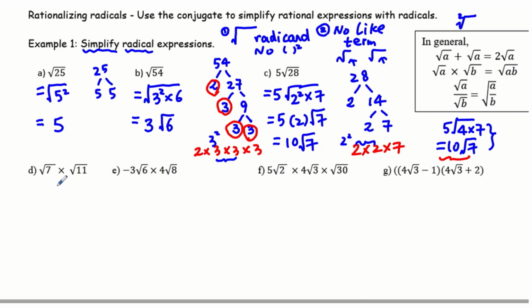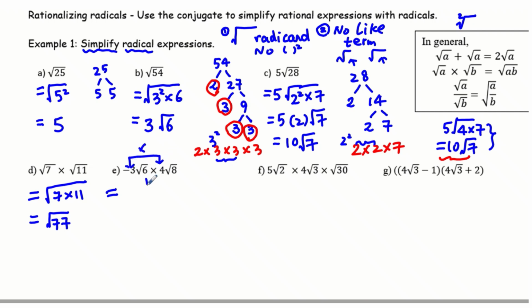So for square root 7 times square root 11, we keep the radical sign and multiply the radicands. So we have square root 77. And 77 has no perfect square factor, so this is your final answer. And for the second one, 2 terms times 2 terms, the numbers at the front multiply.